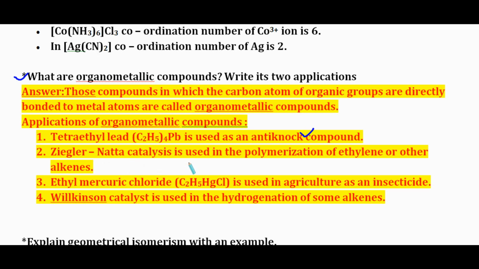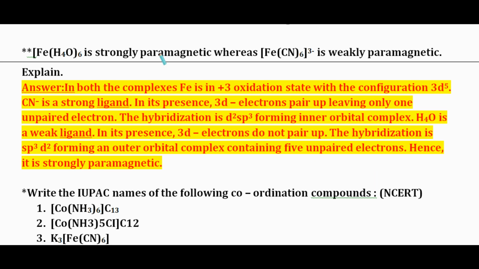Ziegler-Natta catalyst is used in the polymerization of ethylene or other alkenes. Ethyl mercury chloride, C2H5HgCl, is used in agriculture as an insecticide. Wilkinson catalyst is used in the hydrogenation of some alkenes.